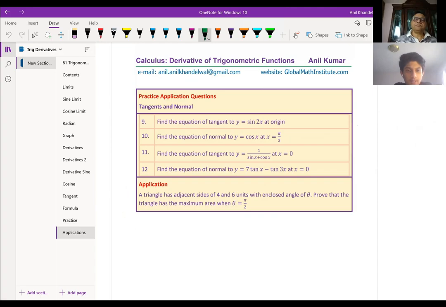Practice application questions, tangents and normal. Find the equation of the tangent to y equals sin 2x at the origin. Sir, we know that the point given would be (0, 0). Our derivative would be 2 cos 2x. At 0, it would just be 2, right? Correct.